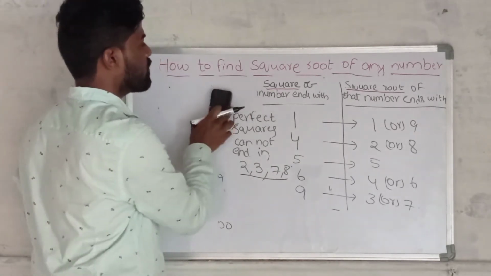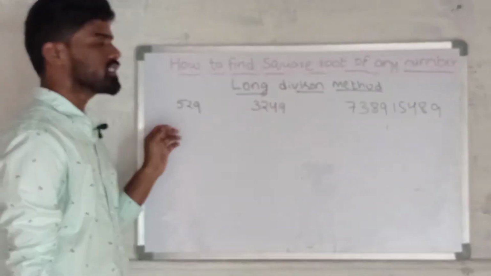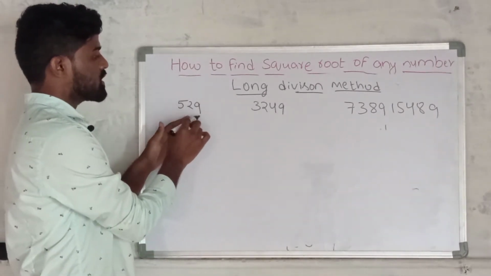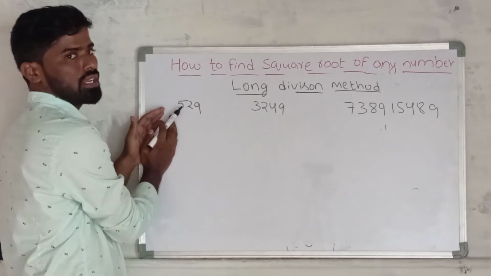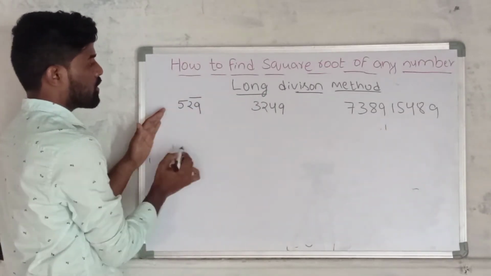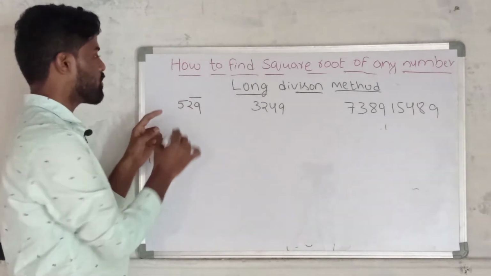Now we will see how to find the square root of any number using the long division method. In the long division method, we divide the given number into groups of 2 digits each, starting from the right. The leftover digit should be treated as a single group.